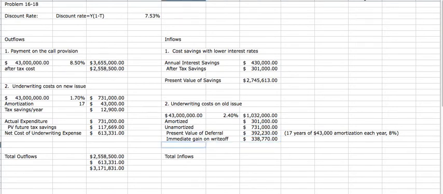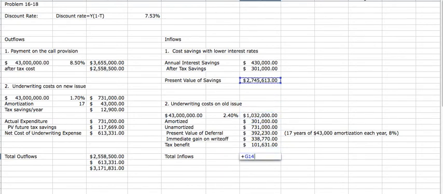But we'll be writing that off against taxes. So the tax benefit after tax, that's actually a tax benefit, is going to be this number times our tax rate. That ends up being 101,631.